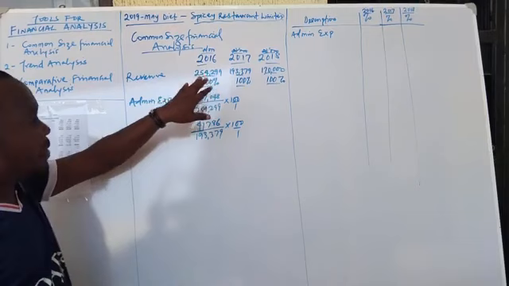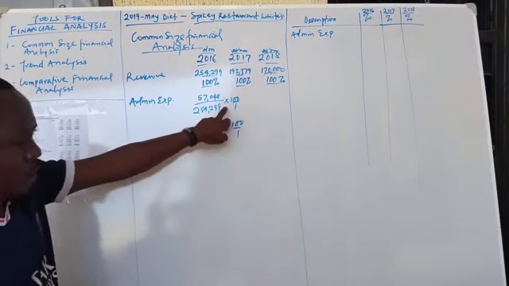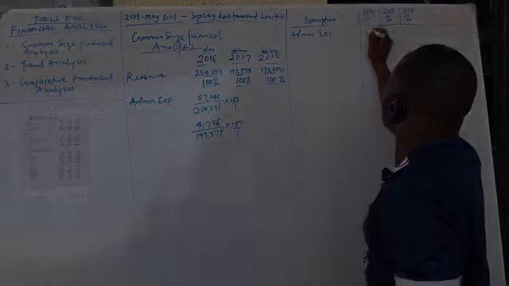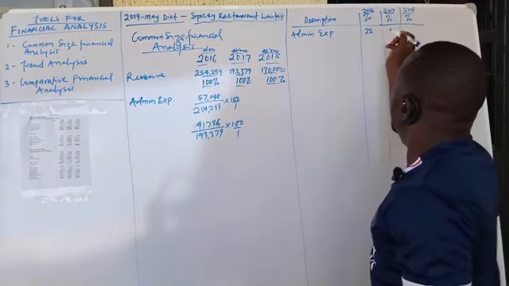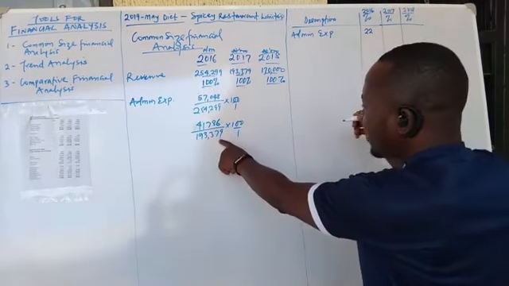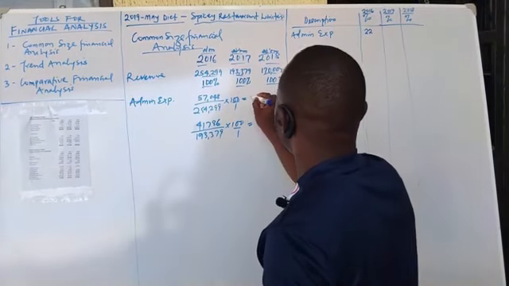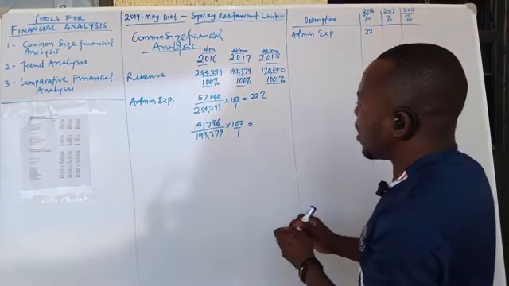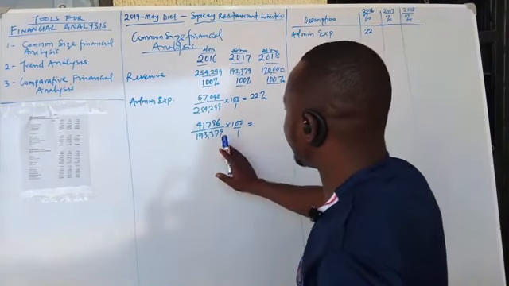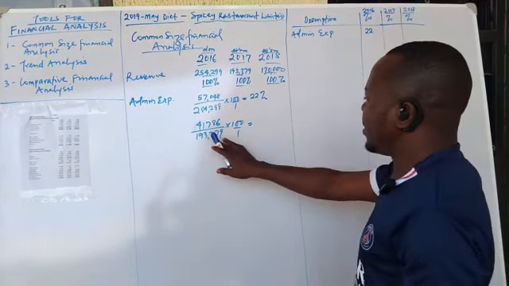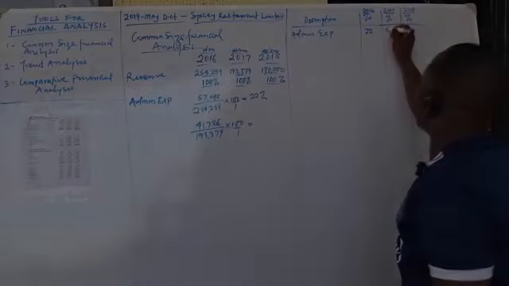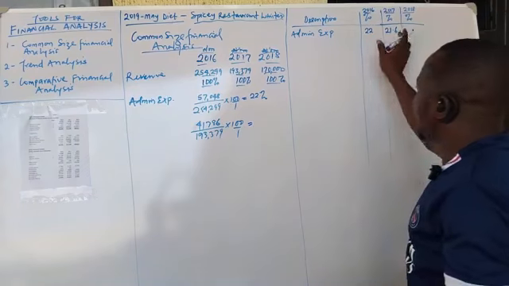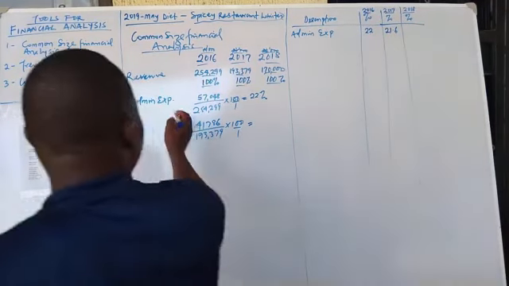Whatever percentage this gives you, I think this will give us about 0.22, which is 22%. Then how about this one? 41,786 divided by 193,379 gives 21.6. That is admin.